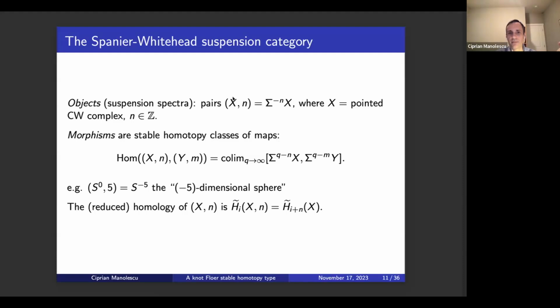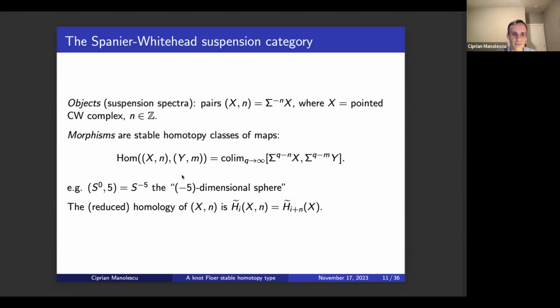I'm going to consider objects being a space and an integer, which corresponds to a formal desuspension of the space, and the space is a pointed CW complex. The morphisms are the stable homotopy maps between X and Y, so the colimit as we suspend sufficiently many times and desuspend appropriately.